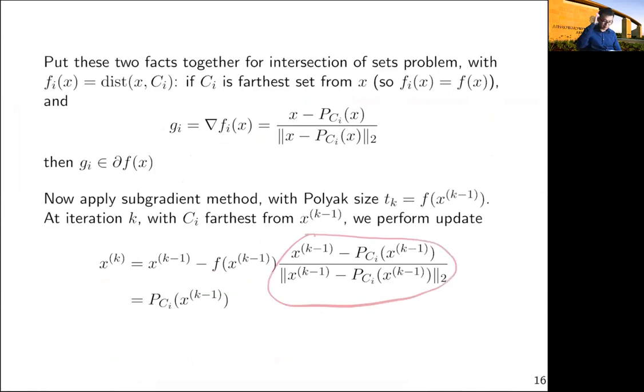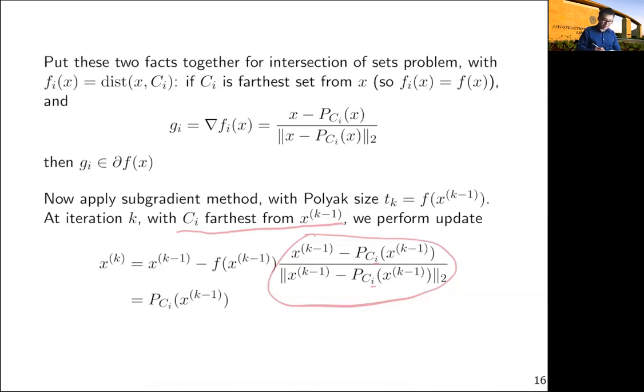Again, this is a subgradient, where this C_i is chosen to be the argmax, the C_i that's farthest away from x_{k-1}. That ensures that if x_{k-1} is not yet feasible, this is a region where the distance function is actually differentiable. So we can construct the gradient, and that becomes the subgradient of the actual function.